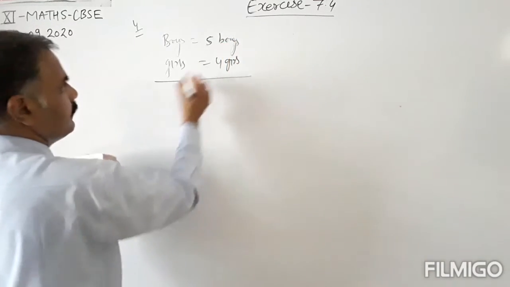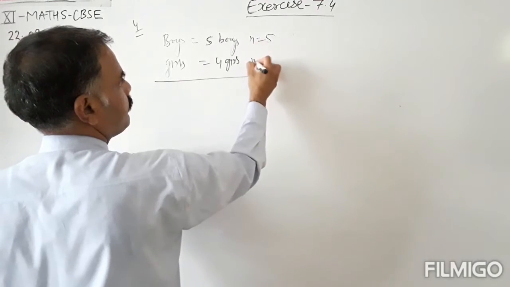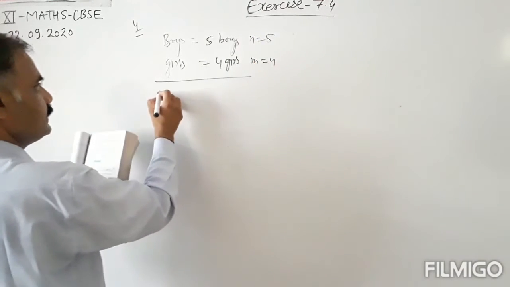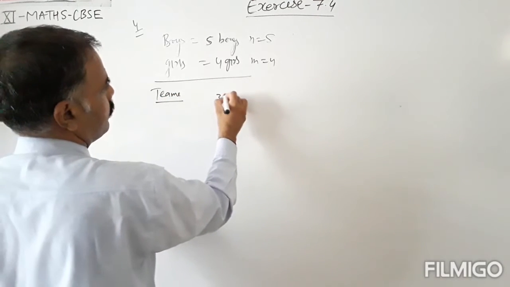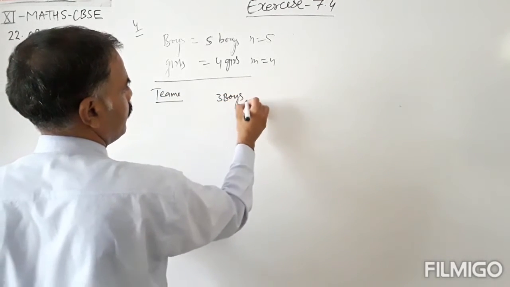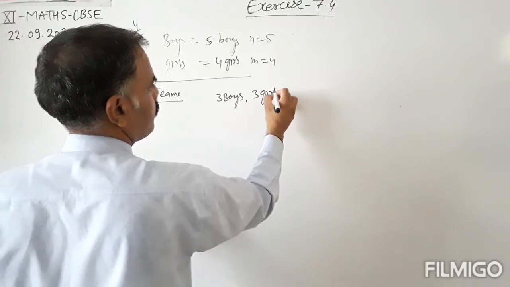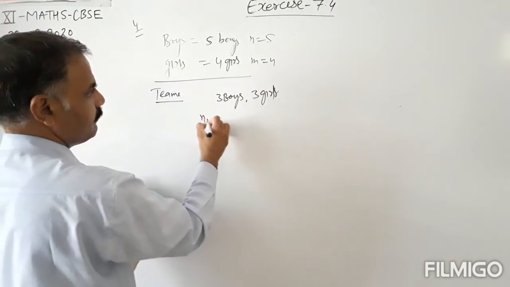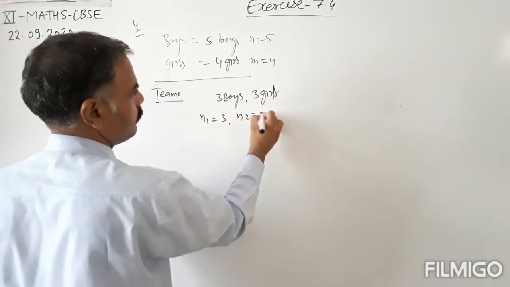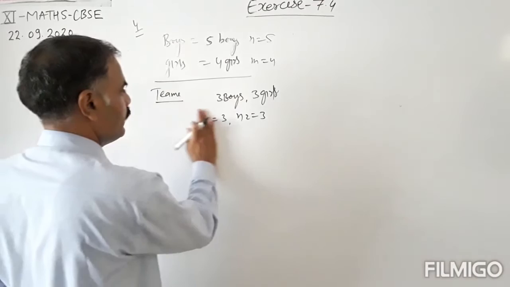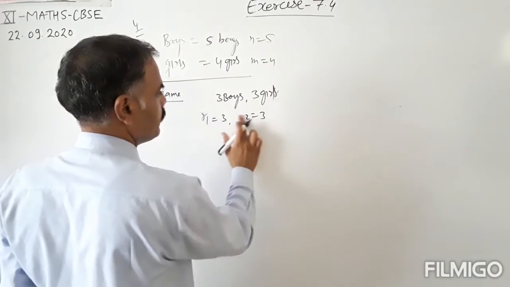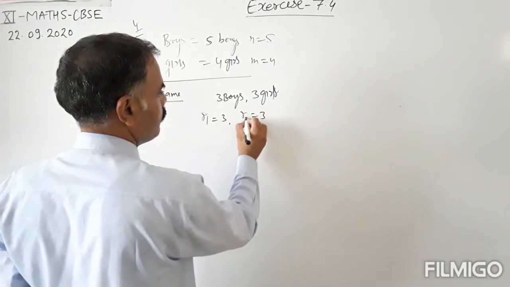Team is consisting of 3 boys and 3 girls. Okay, 3 girls means r1 equals to 3 and r2 equals to also 3.